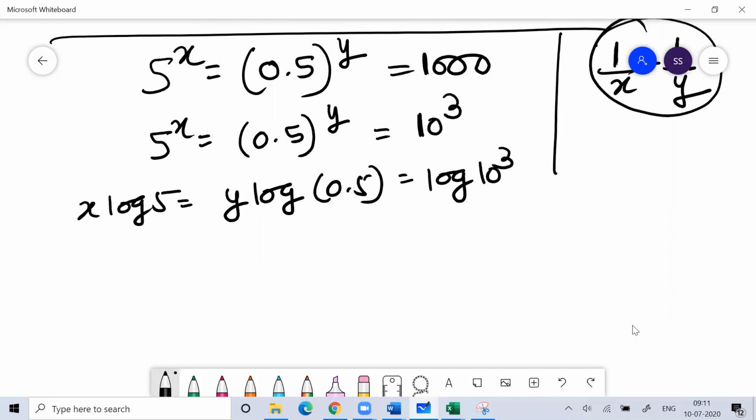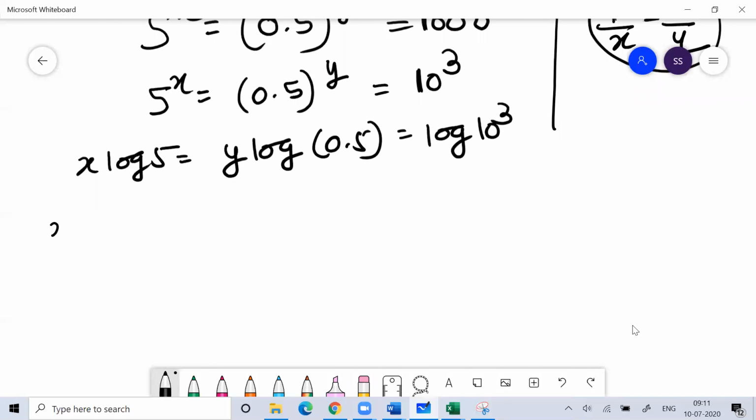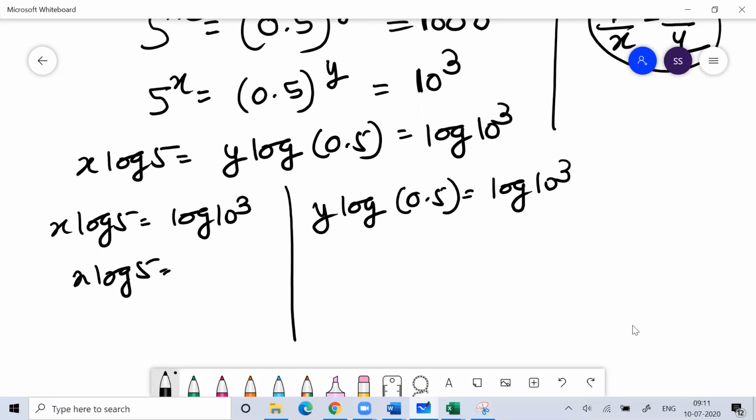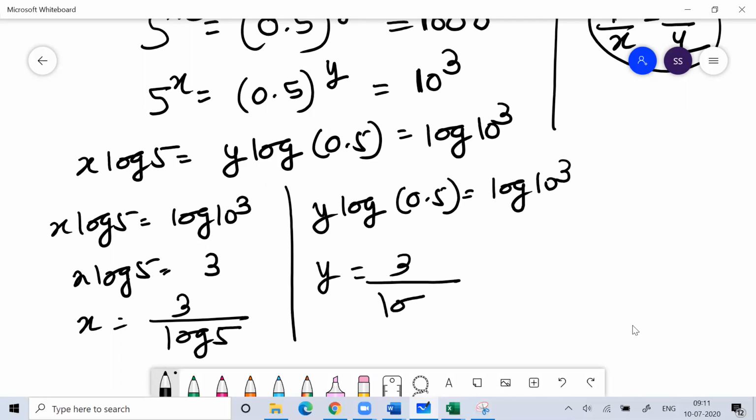So x log 5 is equal to log 10 to the power 3, which is 3. So x is equal to 3 divided by log 5 and y is equal to 3 divided by log 0.5.